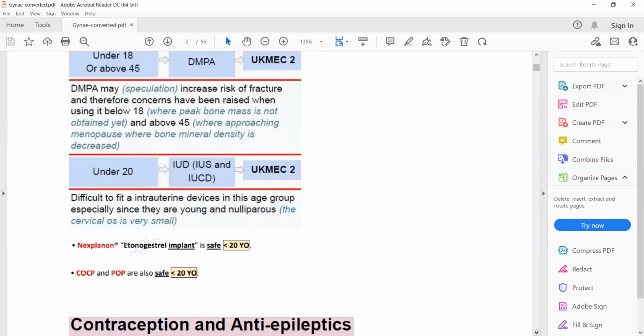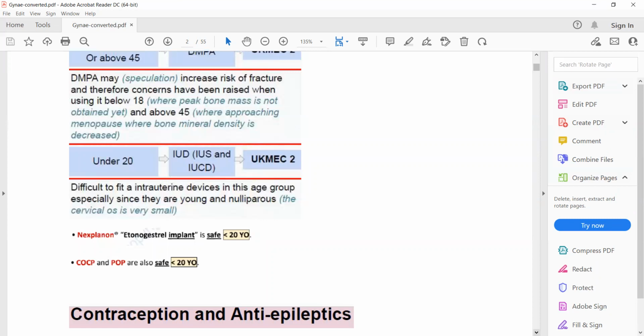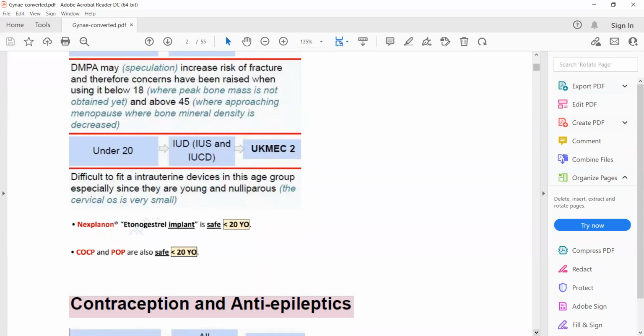They are progesterone-only implants. They are injected subdermally, and they can also be used for long-term contraception because they can provide contraception for 3 years.